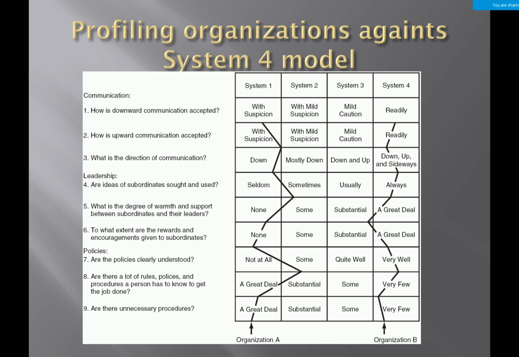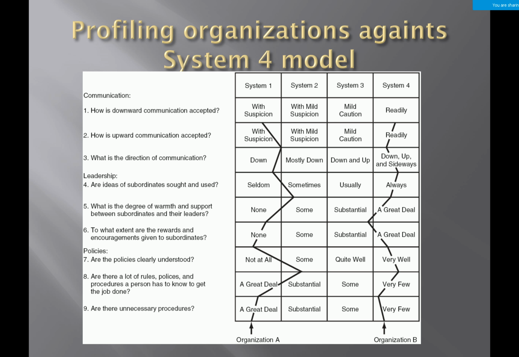Okay, take a look at some details here. You can do a survey on the organization and understand whether your organization is System 1 or System 2 or System 3 or System 4. Your survey can go like this. Communication. How is downward communication accepted? With suspicion or readily?